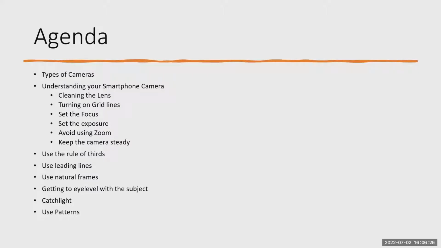First, we're going to talk about the types of cameras that are available to us right now, how they are different, and how these differences impact the final outcome of these cameras, how to go about understanding your smartphone cameras, some of the basic tips, and then we'll move on to the creative or compositional aspects of taking pictures.